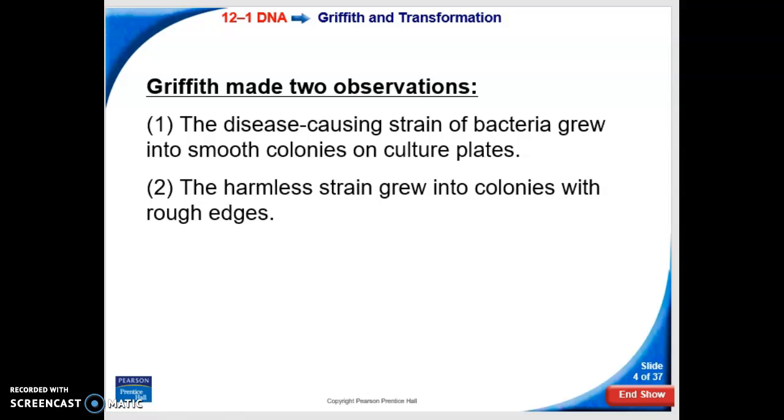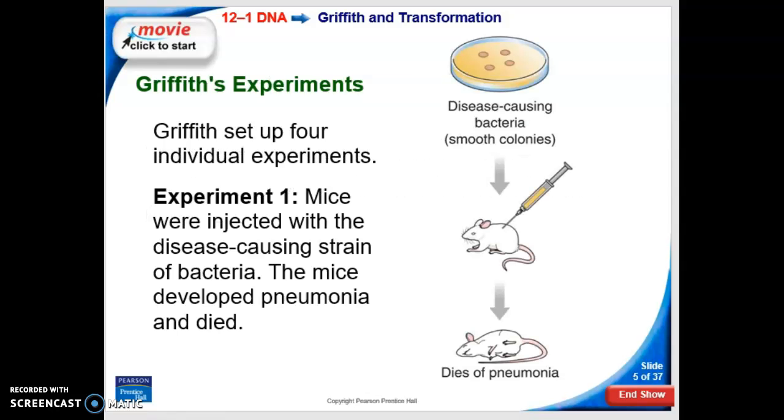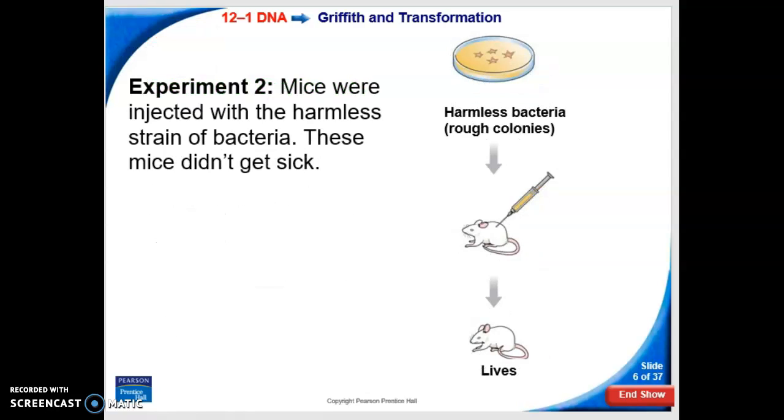So what he did was he took mice, and the first one, he injected it with the disease-causing bacteria, and the mouse developed pneumonia and died. The second one, they were injected with the harmless bacteria, therefore they did not get sick.